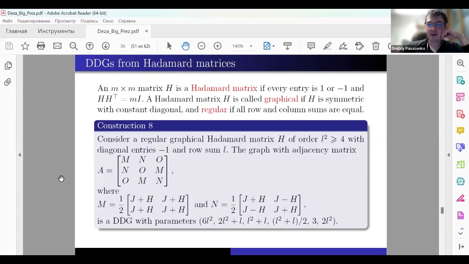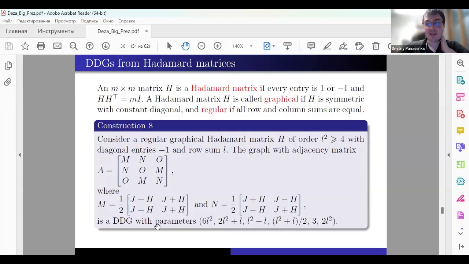Let us consider a regular graphical Hadamard matrix H of order L squared, at least 4, with diagonal entries -1 and row sum L. Then the graph with the adjacency matrix you see here, a block matrix of M and N, where M and N can be calculated from our Hadamard matrix in block form: M is J plus H divided by 2, and N is J minus H divided by 2.